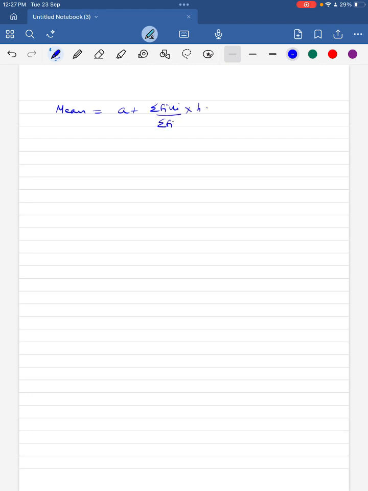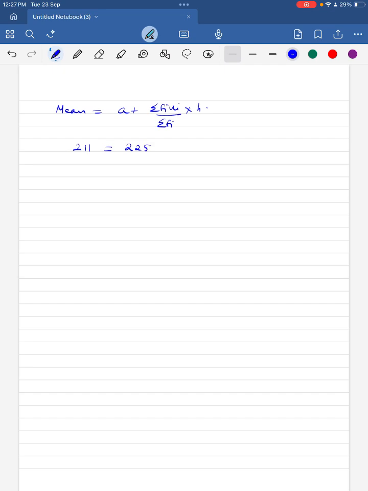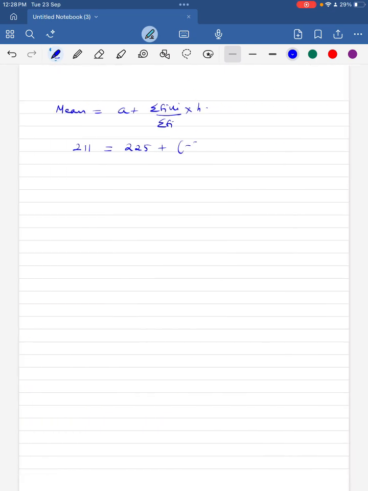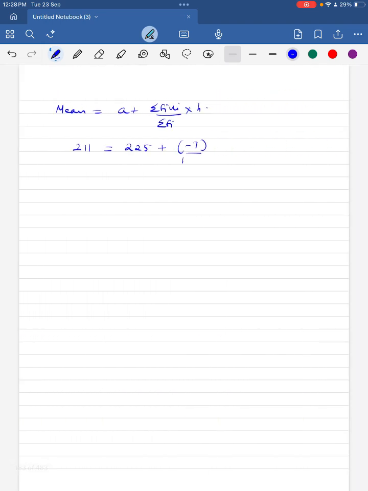Now, the mean is given in the question as 211. So that is equal to A, which we have assumed as 225, plus sigma FiUi, which we found out is minus 7, divided by sigma Fi, which is 13 plus y, and times H, which is 50.